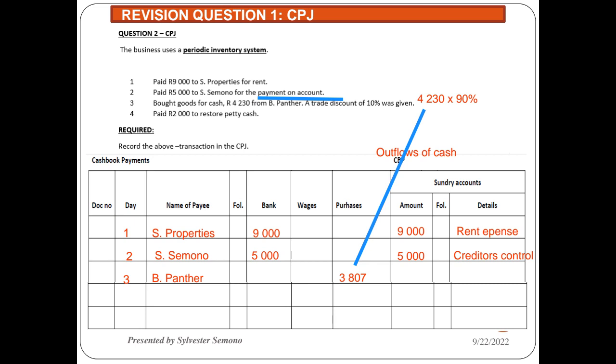And thereafter they say 4,230 minus 423. I think they will get the same amount.